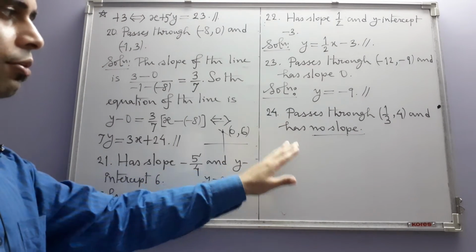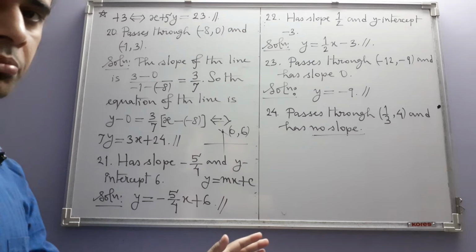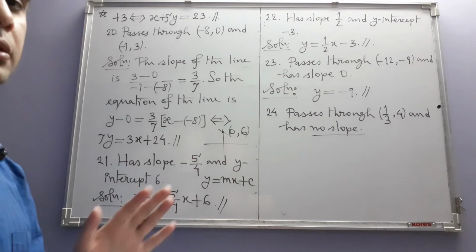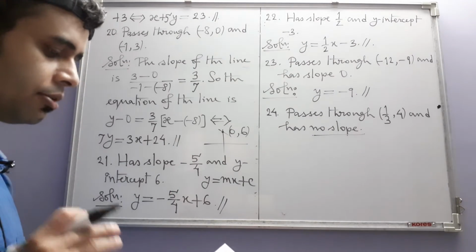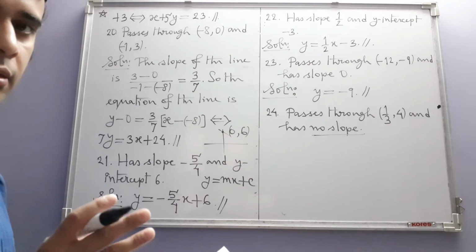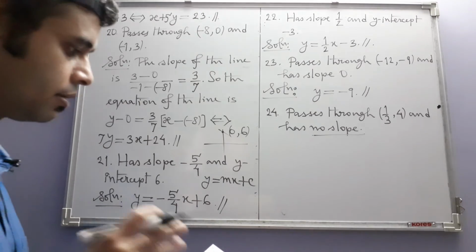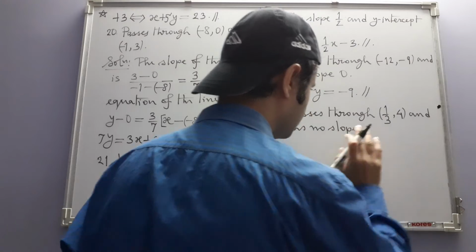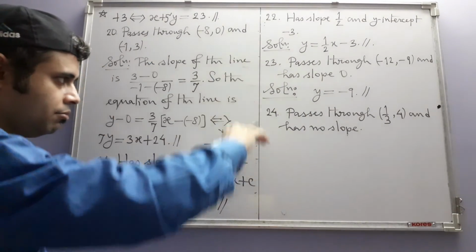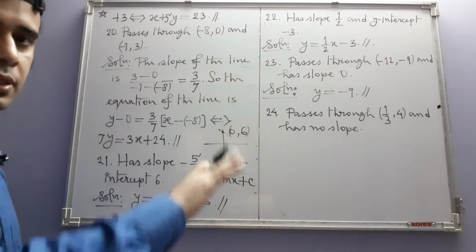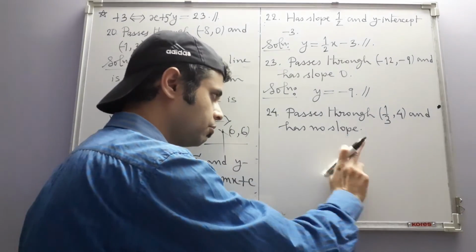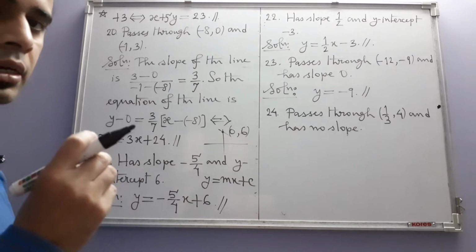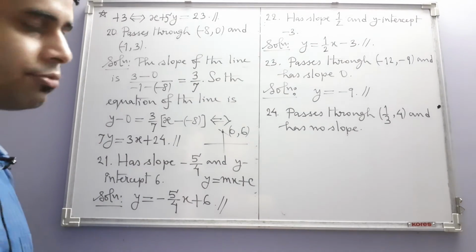I said that no slope means 0 slope, but now I think it means undefined slope. I'm not sure, I have to see the answers that are given at the end of this book, but I believe that in the way these exercises are going, by no slope the author means no slope at all, that is, slope is not defined.